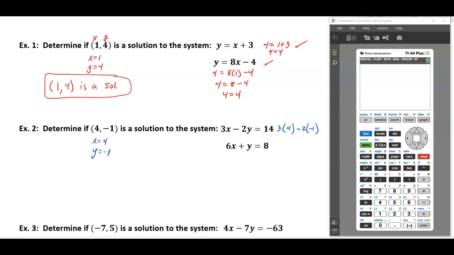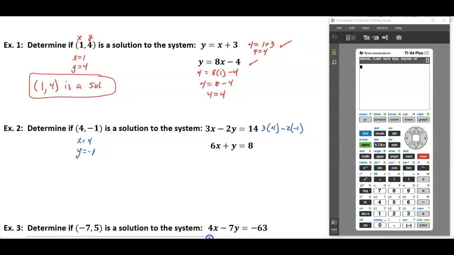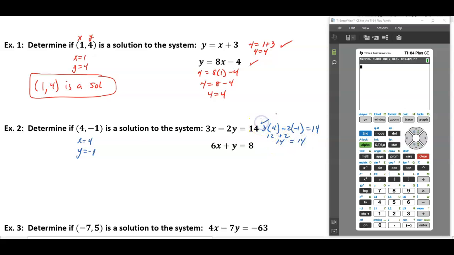Does that equal 14? Well, now guys, you should always know order of operations, multiply. So this gives you 12, and then negative 2 times negative 1 is positive 2, and 12 plus 2 is 14, which means this checks out.